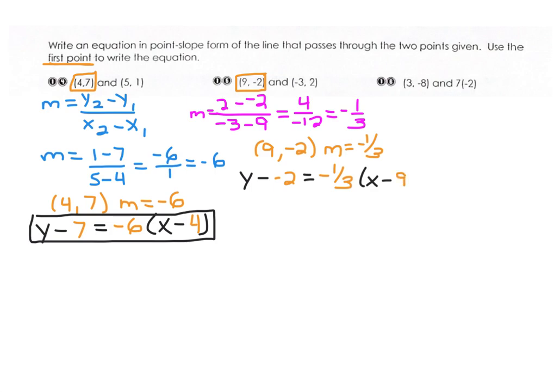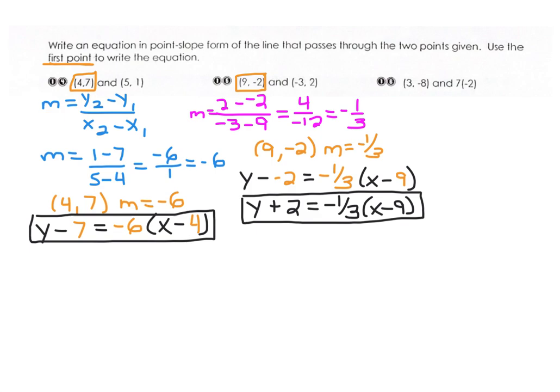In this case, this will simplify. When we have minus a negative, that will turn into plus a positive. So we have y plus 2 equals negative 1/3 times x minus 9. There's our point slope form.